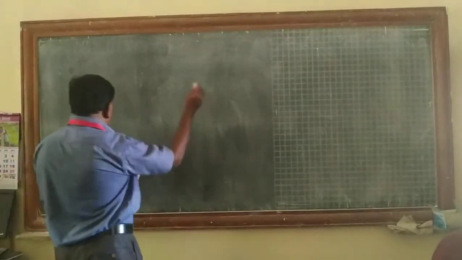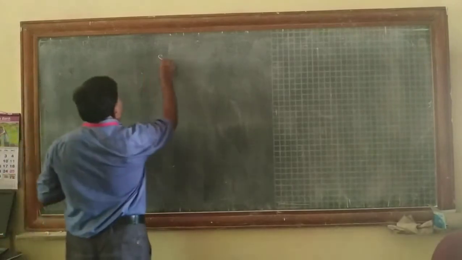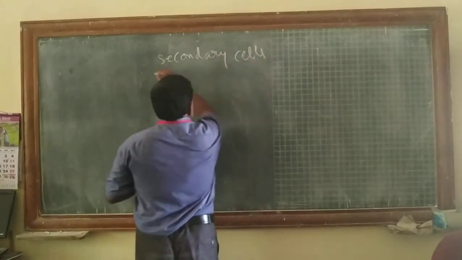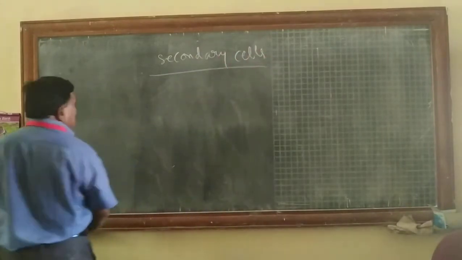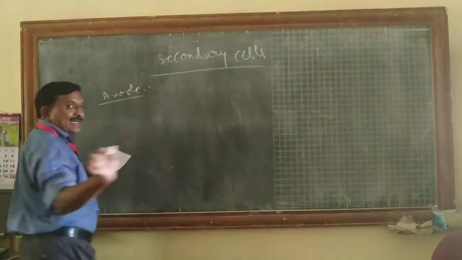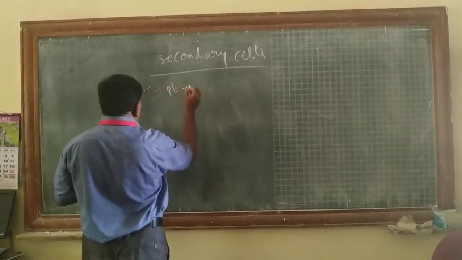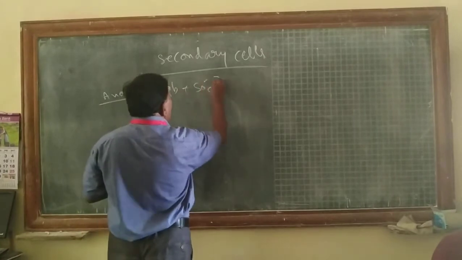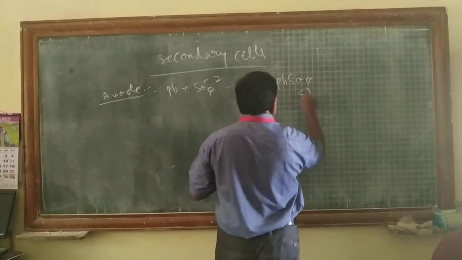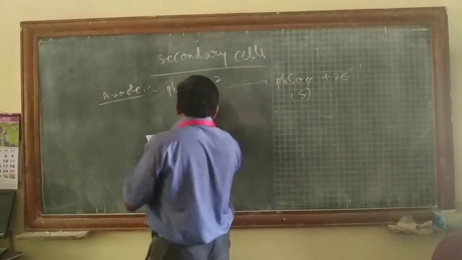So these cells consist of an anode and a cathode. At the anode the reaction occurs: the lead reacts with sulfate to form lead sulfate, a solid, plus 2 electrons liberated.